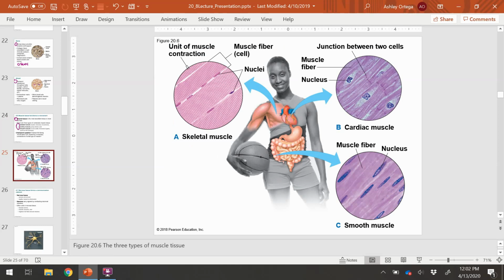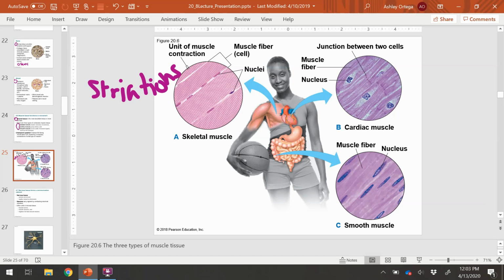And so here you can see those three types. Skeletal muscle, you can see they have what we call striations. Those are the color differences in the units of muscle contraction that you see here. Striations. So there's a dark line, a white line, and so it goes back and forth like that.